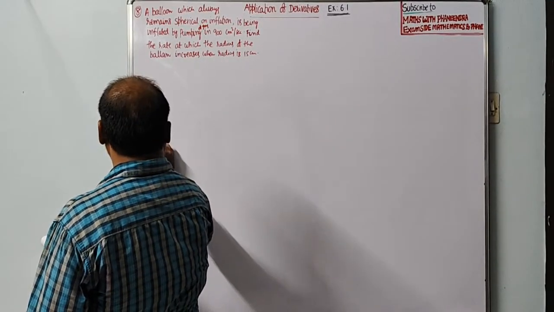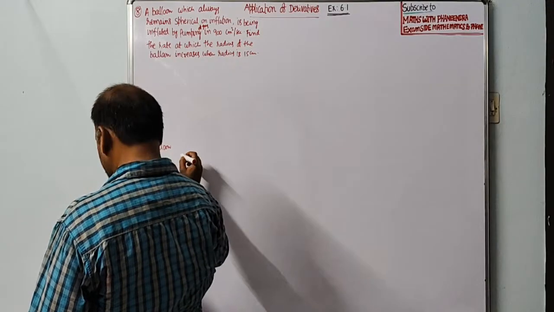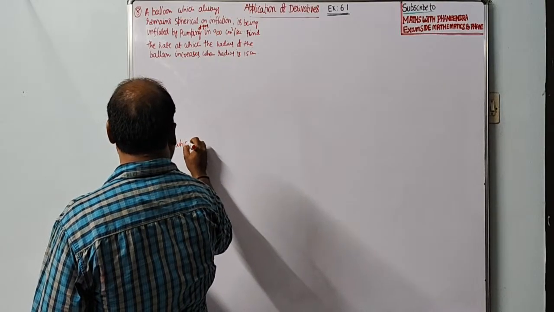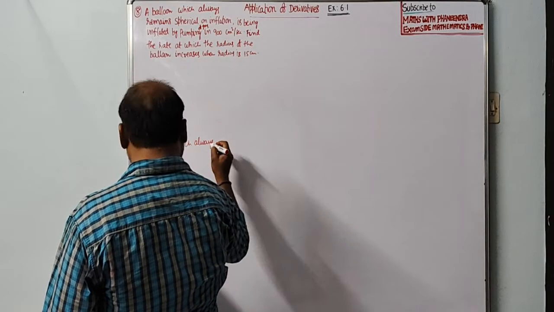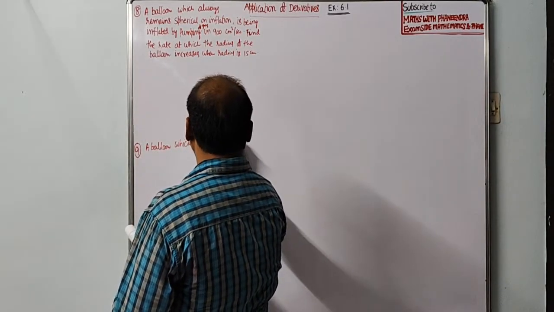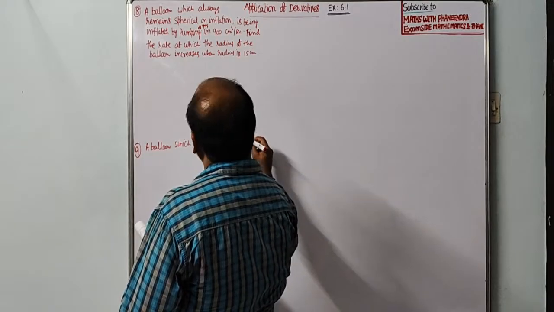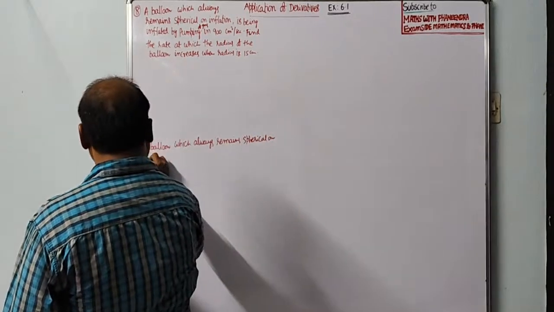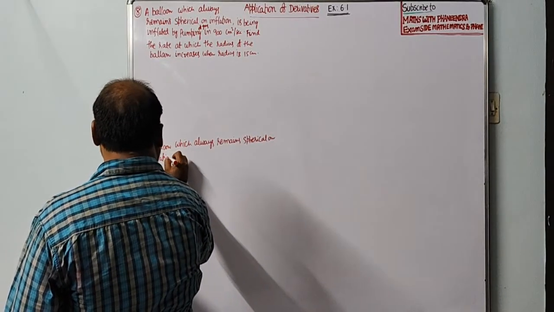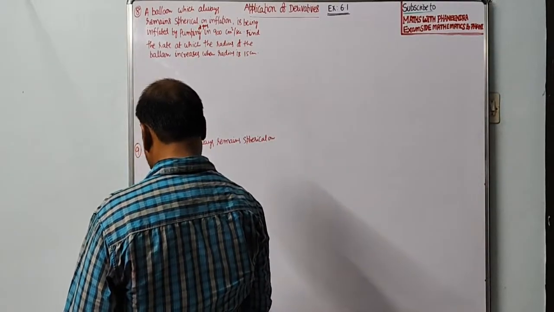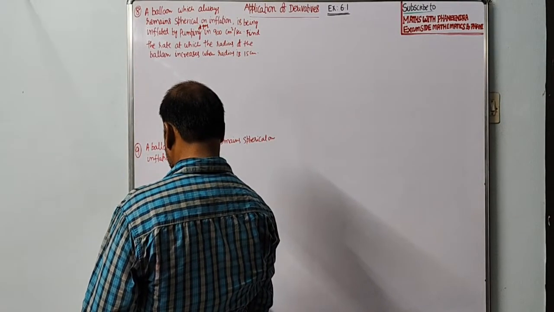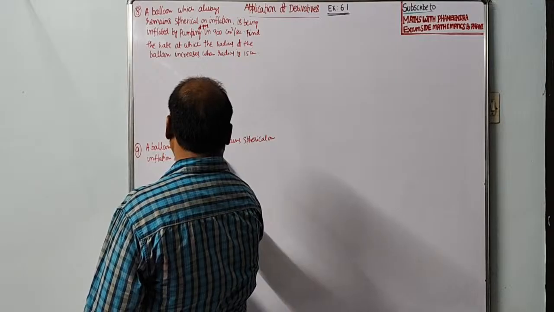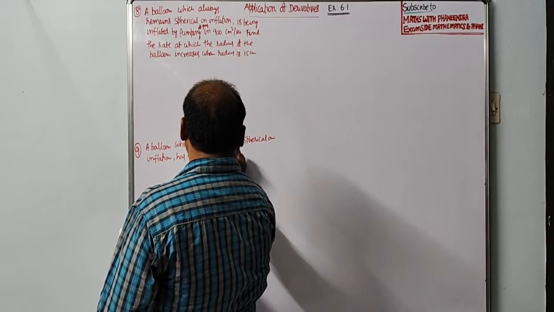A balloon which always remains spherical on inflation has a variable radius.